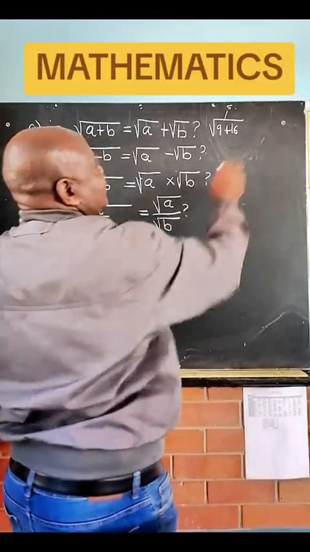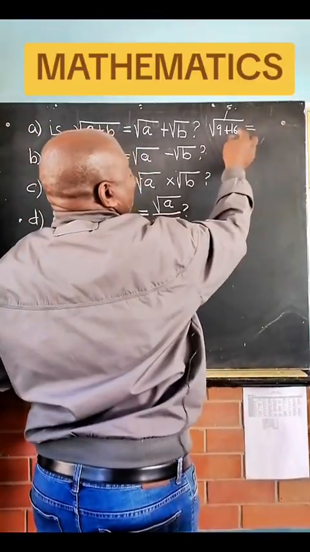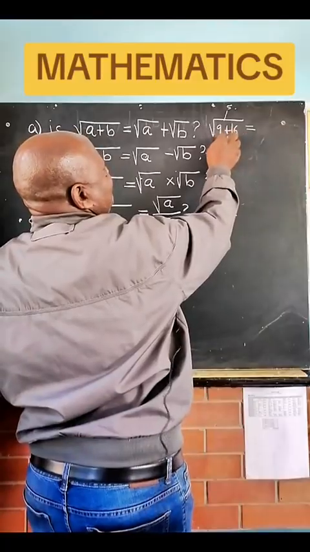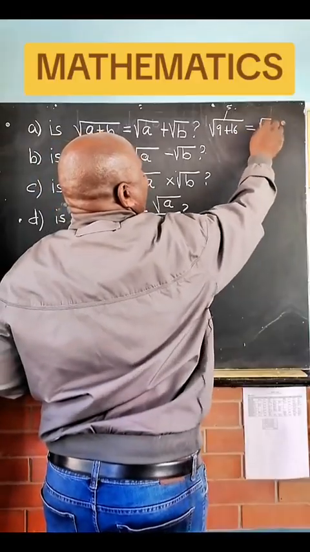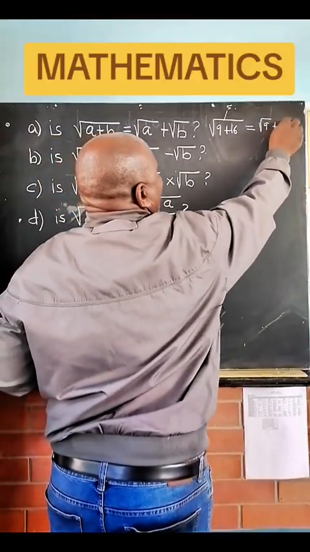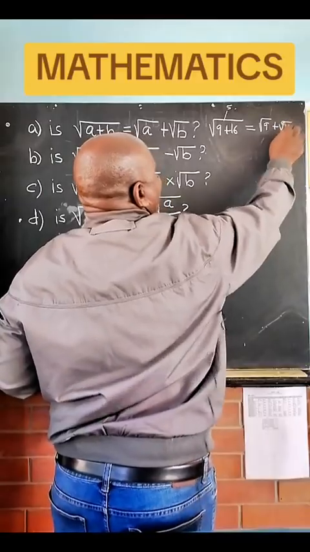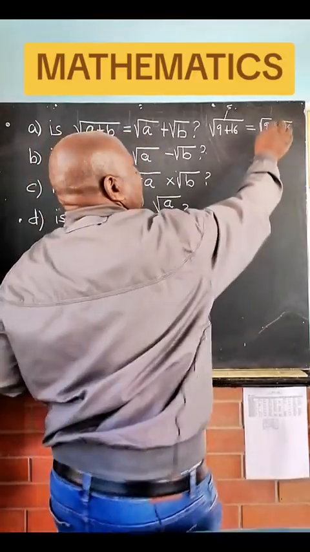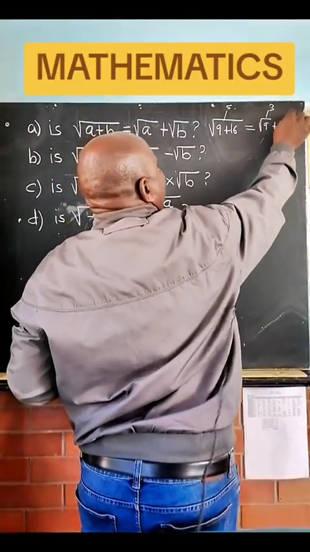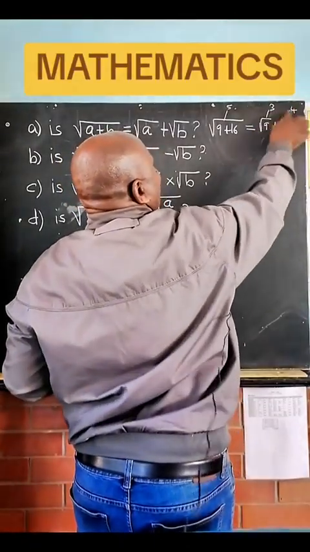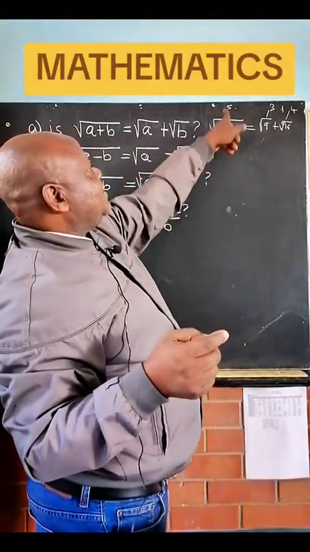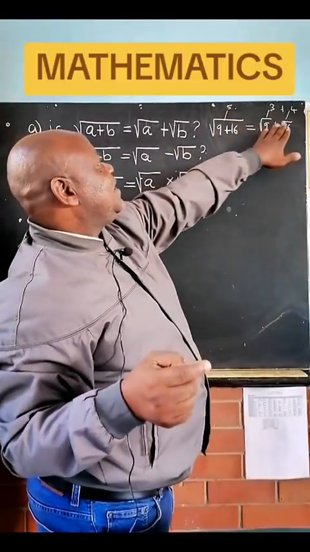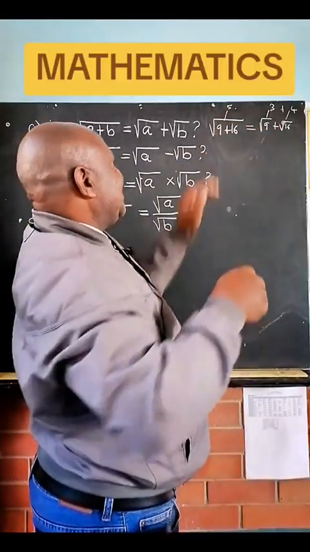Okay, but can we distribute the square root to these two numbers to say the square root of 9 plus the square root of 16? What do we get for this? We get 3, but for this we get 4. 3 plus 4 will give you 7, but the correct result is 5, which means this is not correct.